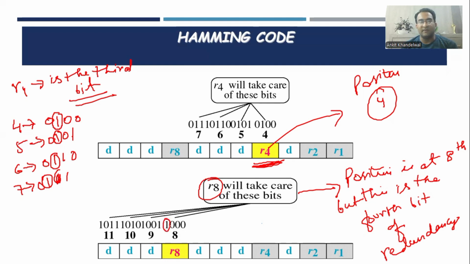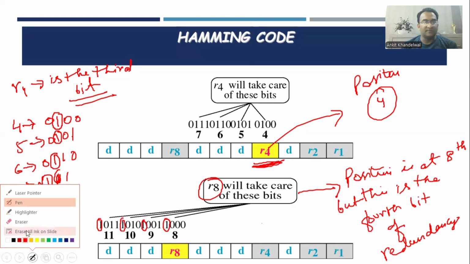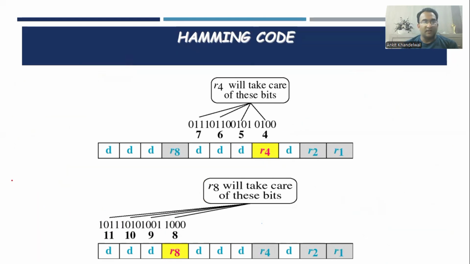Let us see here. The binary value of 8 is having 1 over here. The binary value of 9 is having the value of 1 at this position. The binary value of 10 is going to have a 1 at this position. And the binary value of 11 is going to have a 1 at this position. So in all these cases, that is at 8, we have 1 0 0 0.